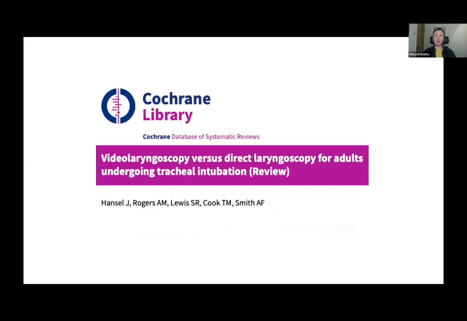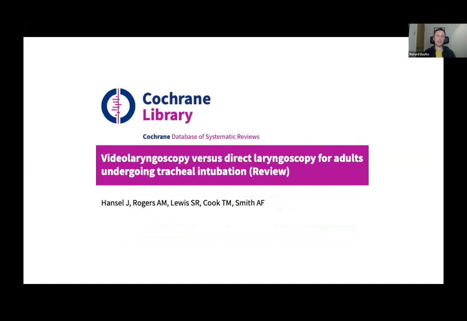This is a Cochrane review from 2022. The Cochrane collaboration provides a database of systematic reviews and meta-analyses, and therefore they're a summary of all the available evidence to the date that they're produced. This is an update of a previous publication, but helpfully one of the things they did in the update was group the results by the geometry of the blades.